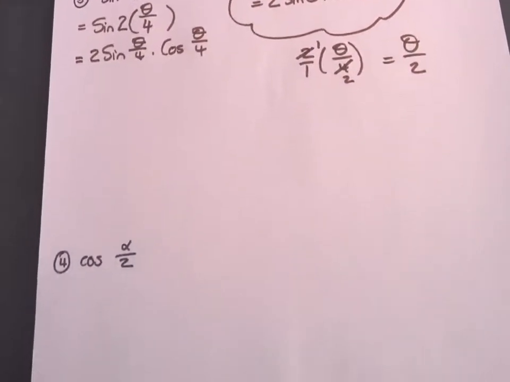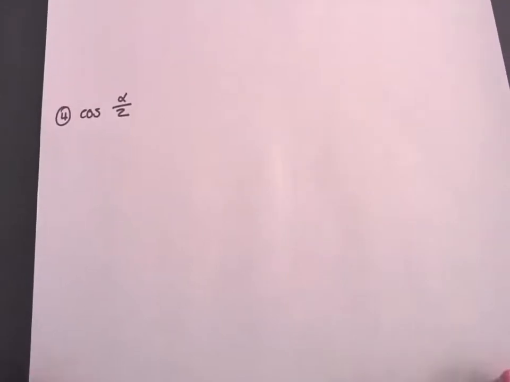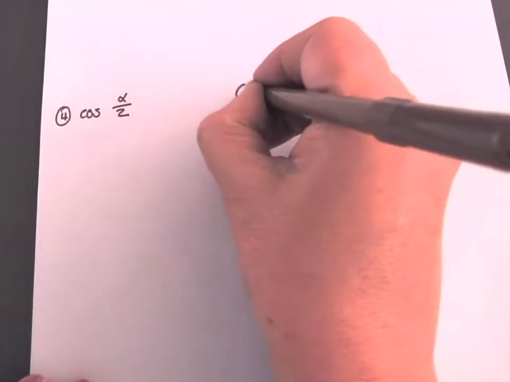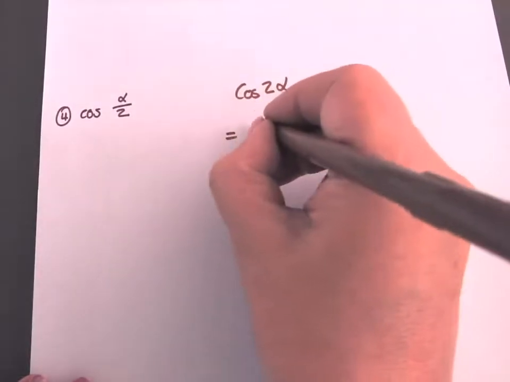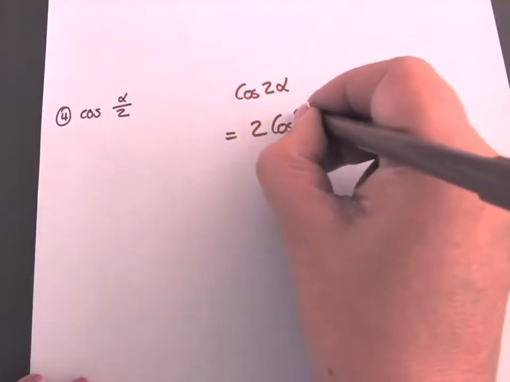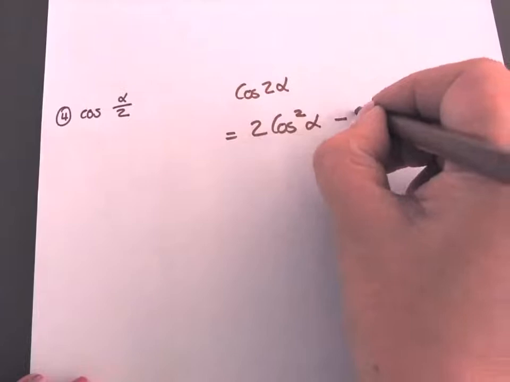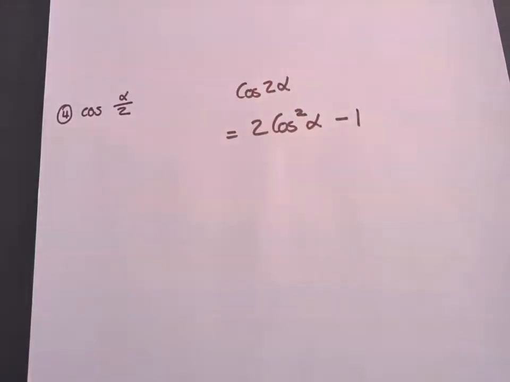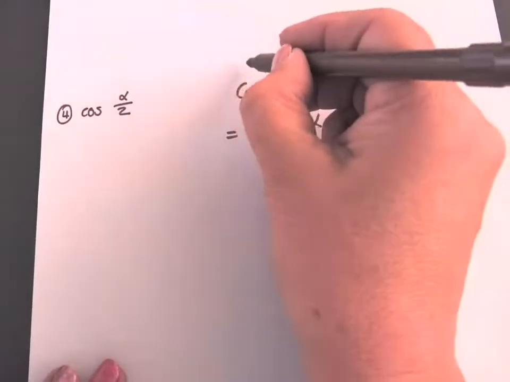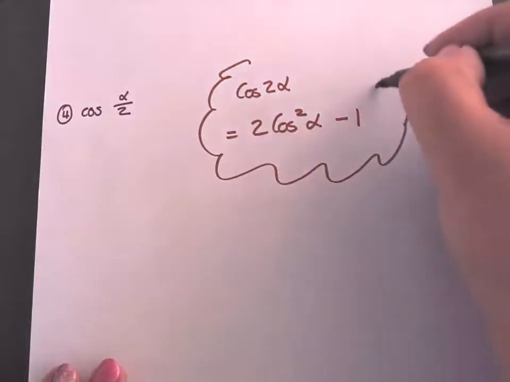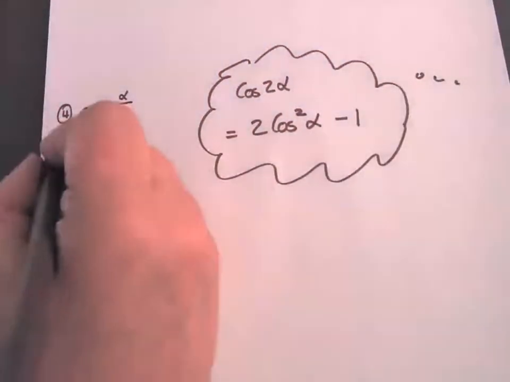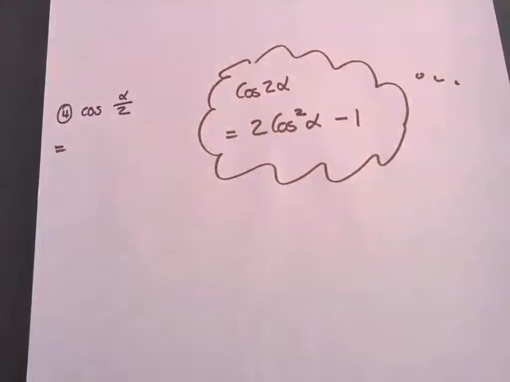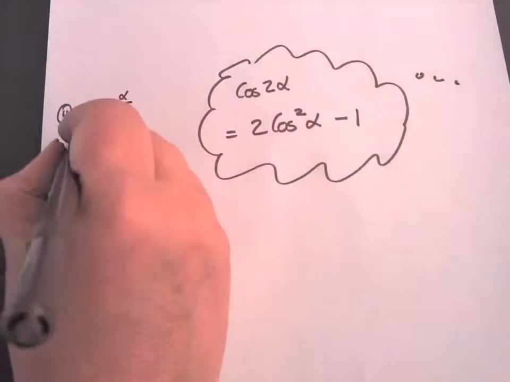Okay, let's look at the cos one. We know that cos 2 alpha equals 2 cos squared alpha minus 1, or the other two possibilities. So I'm going to change this half angle to a double angle.